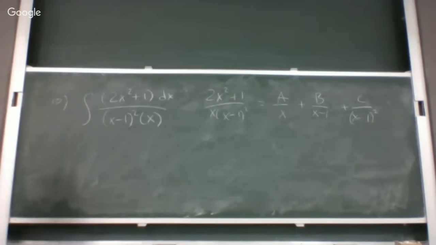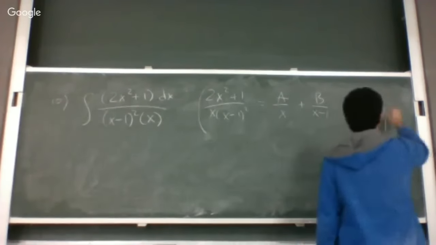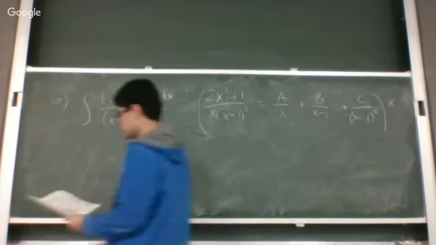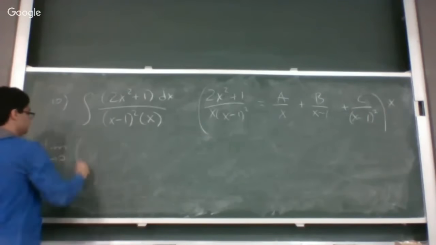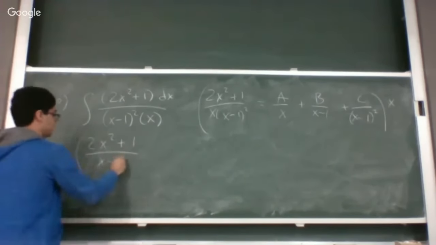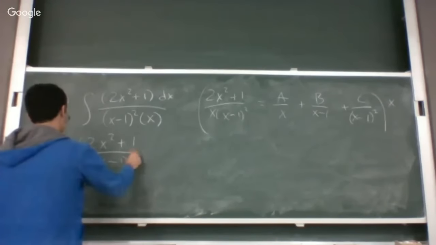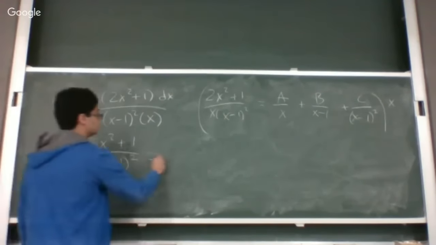So we can find a first by multiplying everything by x. So limit as x approaches 0, we'll have 2x squared plus 1 divided by x minus 1 quantity squared equal to a.